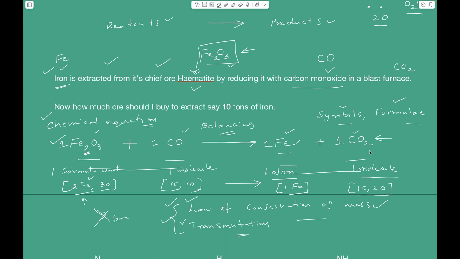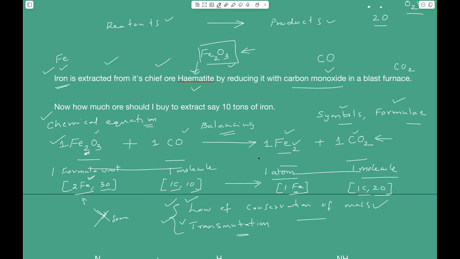Here I am going to do it by trial and error. Let us start with iron atoms. On the reactant side there are two iron atoms, but on the product side there is only one iron atom. So to equalize them, can I put a 2 here? Now you have two iron atoms here and two iron atoms here as well.